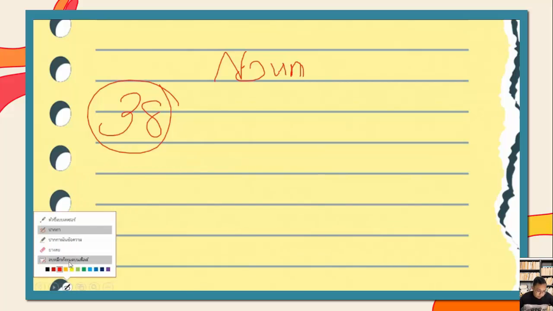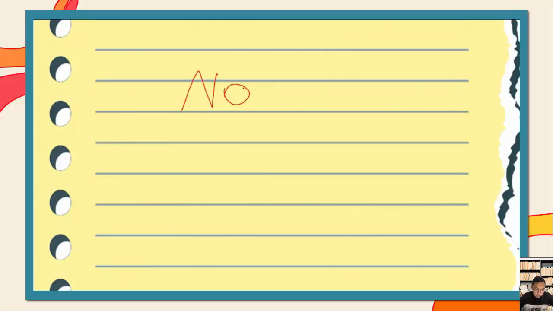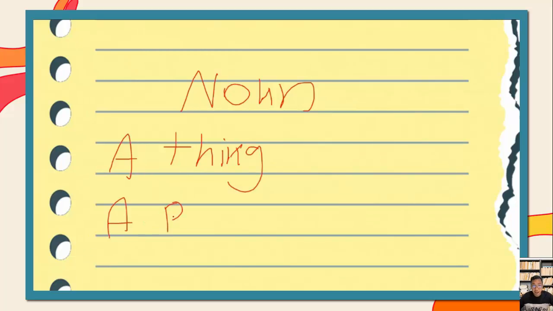Do you know what a noun is? So a noun refers to a thing, a place. It refers to the name of a thing, a place, an animal, and a person. Okay, a person.